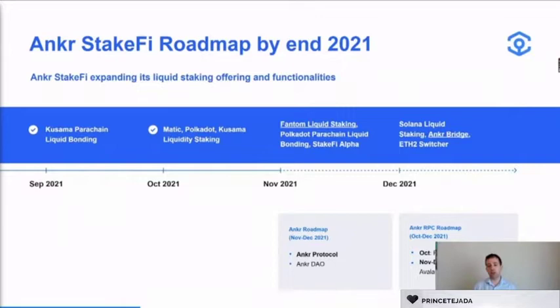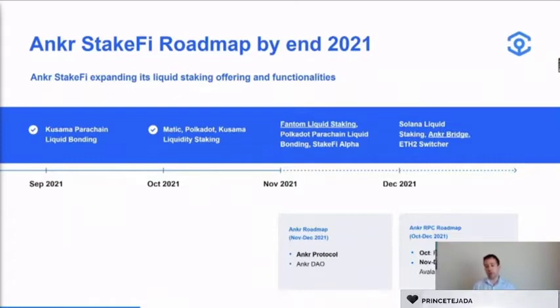The main one is the Ankr Bridge, to really make our liquid staking a multi-chain experience. For the other roadmaps beyond StakeFi, the Ankr protocol is going to be really the backbone of our products built on top of StakeFi, which will ensure that we can grow in a scalable way.